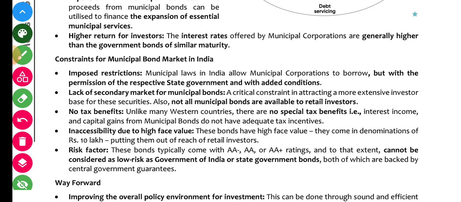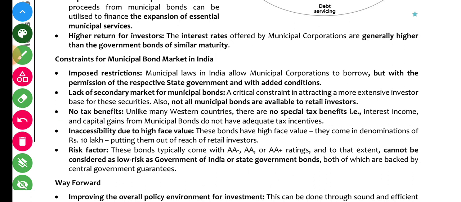And what are the constraints for the municipal bond market in India? Borrowing restrictions. Municipal laws in India allow municipal corporations to borrow, but with the permission of the respective state government and with added conditions. So the state government is involved in issuing the bond. Lack of a secondary market for municipal bonds, like a hurdle in listing with SEBI.